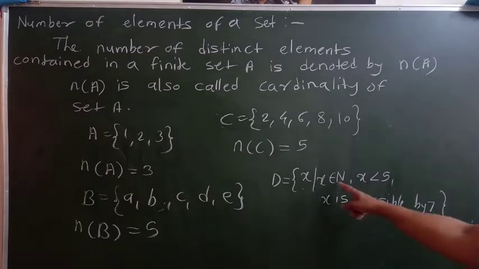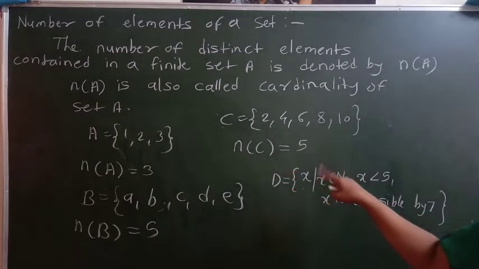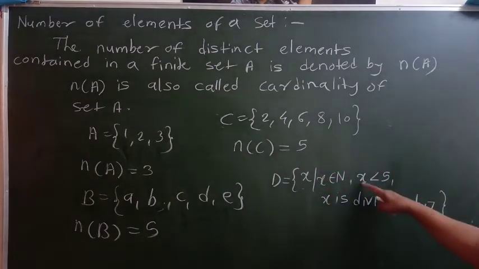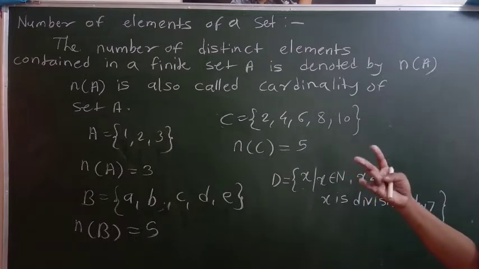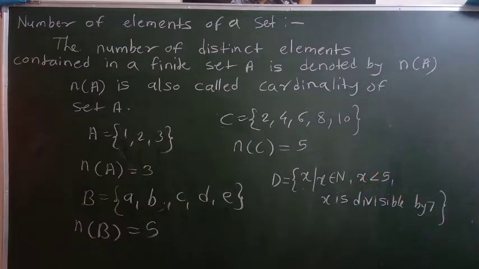So x is natural, means it is 1, 2, 3, 4, 5, 6, 7, 8, 9 like this. Now again x is less than 5. Now less than 5 means only 1, 2, 3 and 4 natural numbers are there.